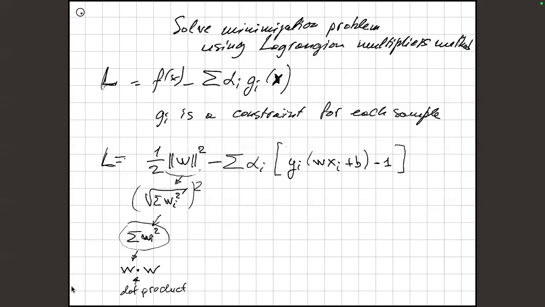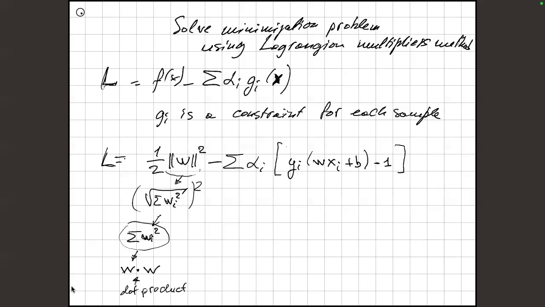What you can do is solve a dual problem. You first take partial derivatives with respect to the parameters that you want to optimize, and convert it to an optimization problem with a single unknown parameter.